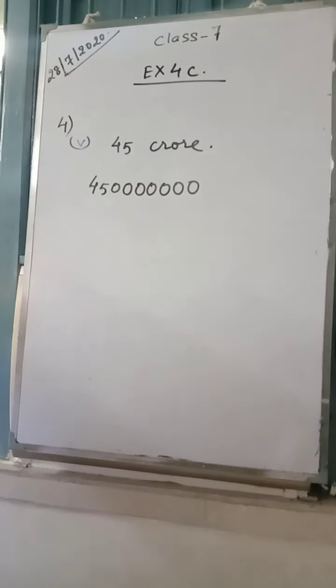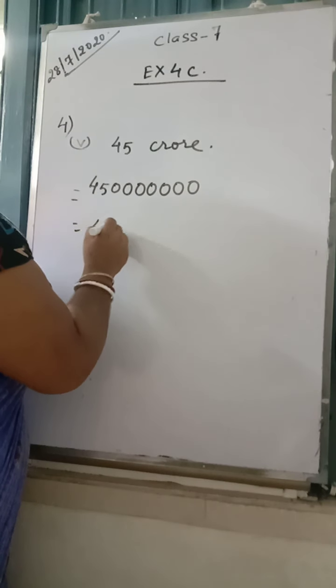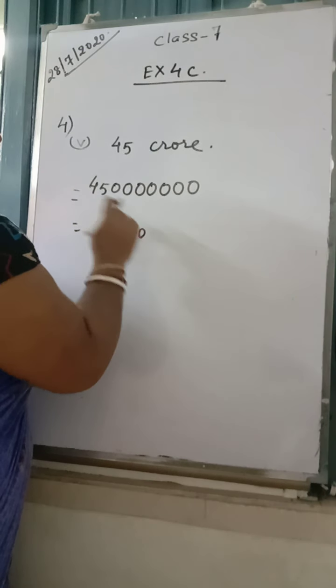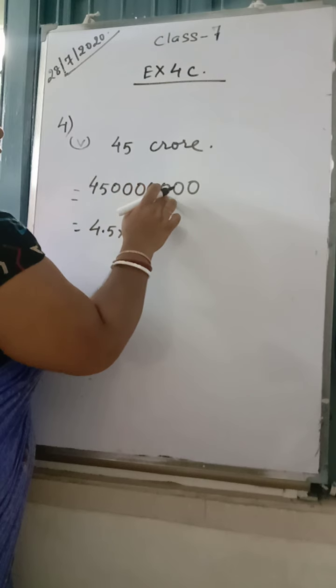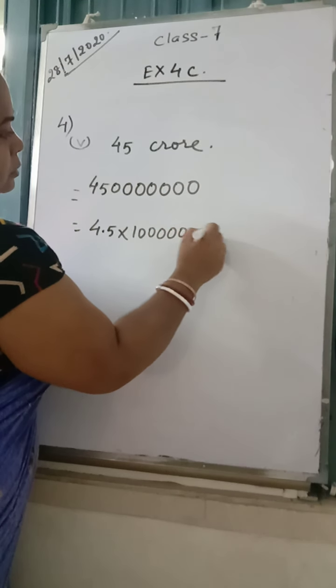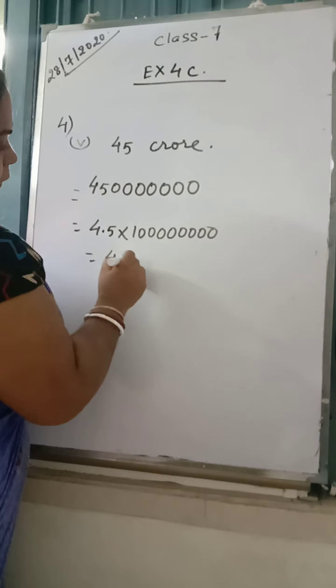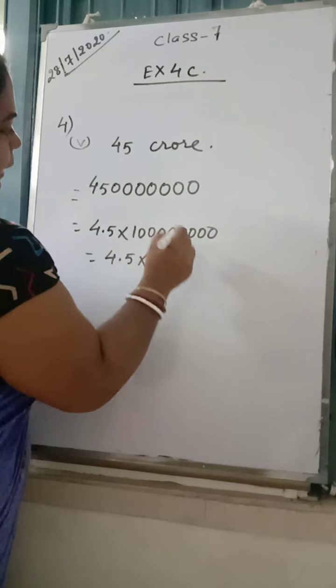We got 45 crore. So we can write it 4.5 into 10, 1, 2, 3, 4, 5, 6, 7, 8 zeros, or 4.5 into 10 to the power 8.